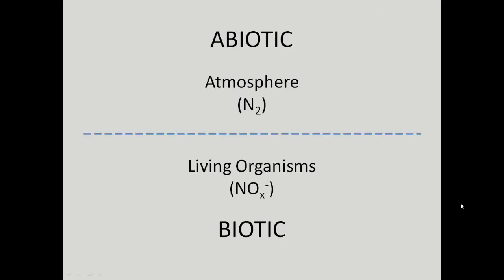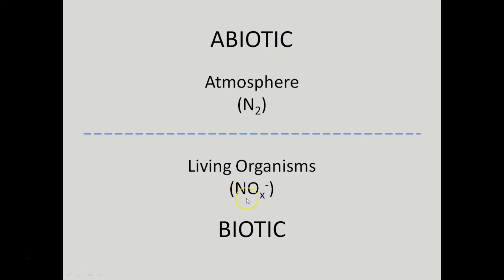So again, we have our abiotic in the atmosphere and our biotic living system. Within the atmosphere, it exists as N2 gas, or nitrogen gas, and to get it into an organic compound, we have to convert it. And we convert it into something called a nitrate or a nitrite. Okay?